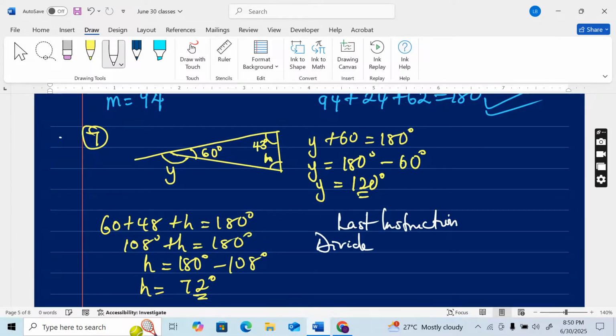Divide the value of h by the square root of 6. Do that and submit. So you have 3 instructions to be able to earn 400 naira airtime from Mrs. Grace.